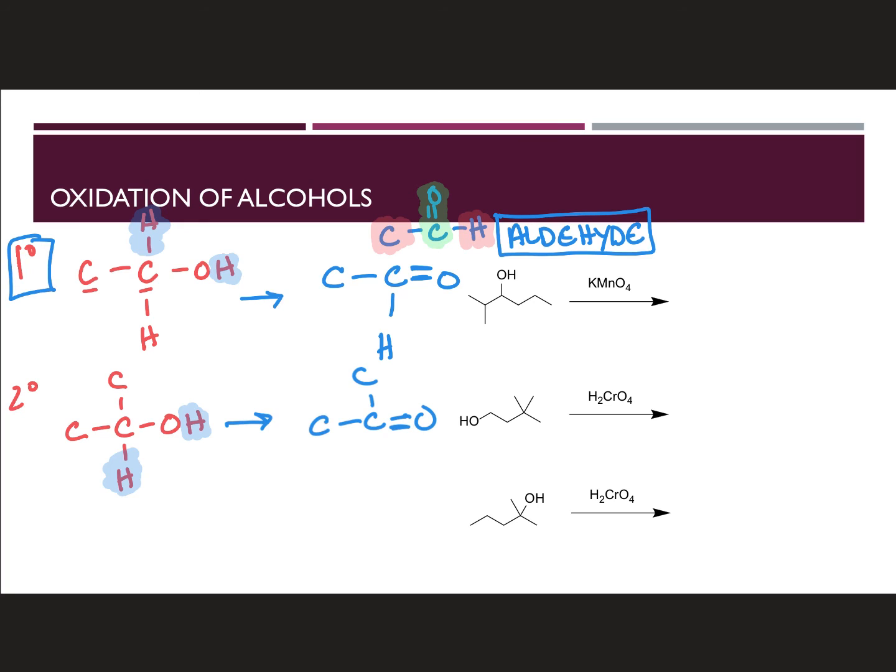And when we do that, we see that we have, again, a carbonyl. So we're going to flip it over again. So here is my carbonyl, carbon-oxygen double bond. And I see this time I have carbons attached to both sides, which makes this a ketone. So a secondary alcohol will become a ketone.